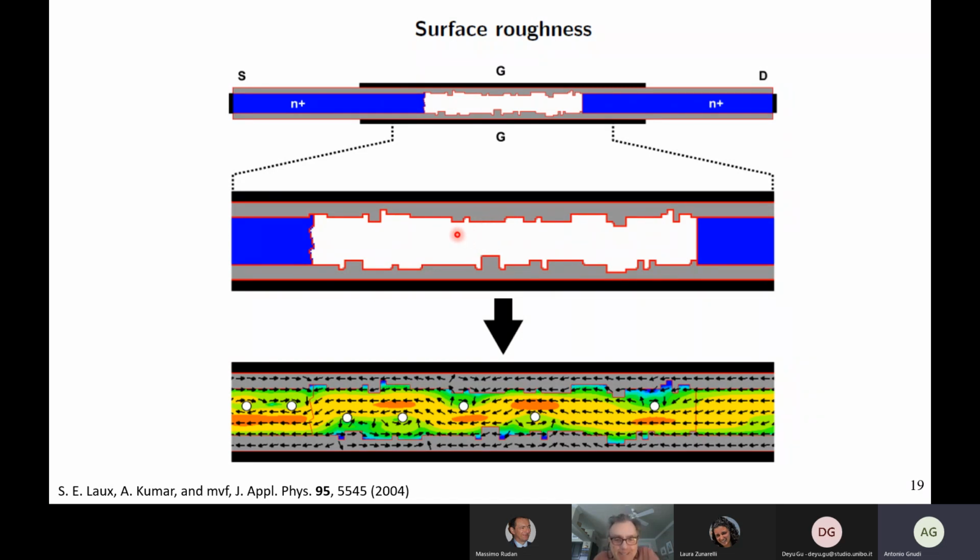Yes, please. What is the channel length in the devices? I mean, is transport already still ohmic in that regime?